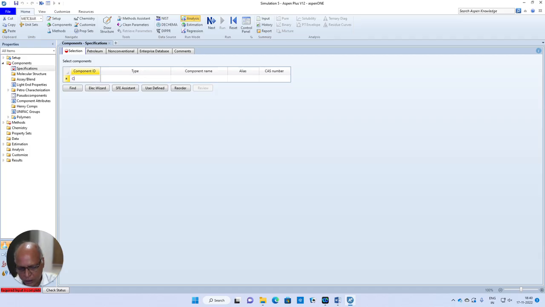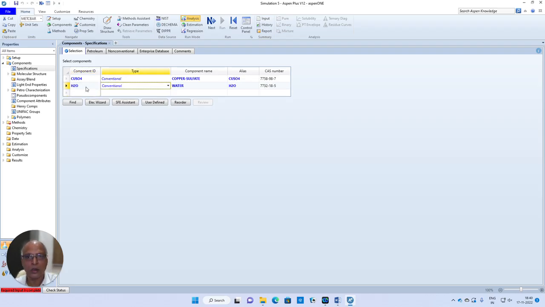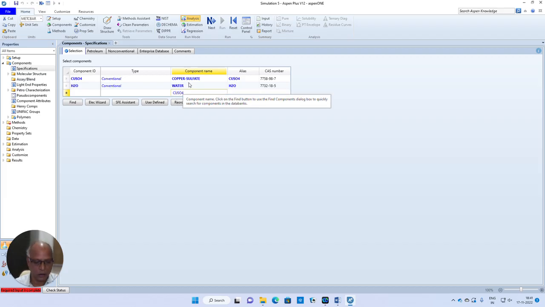Now the components that we are going to handle are copper sulfate, water, and you need to talk about the copper sulfate crystals. Let me just show you how to write this.